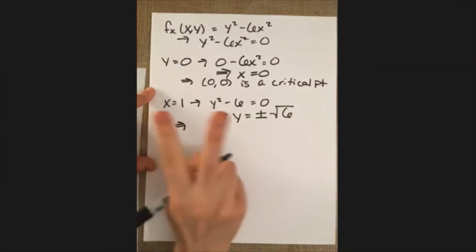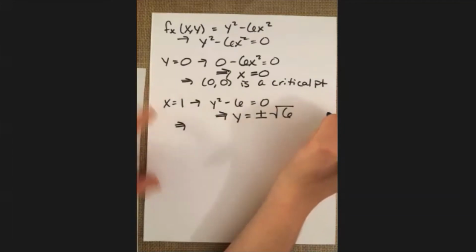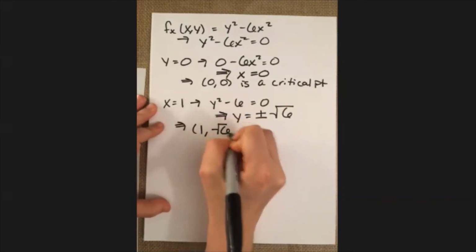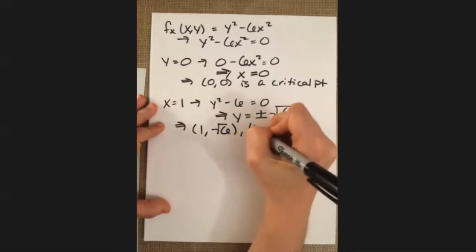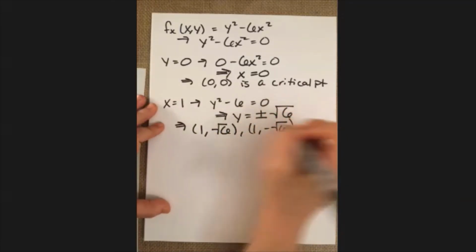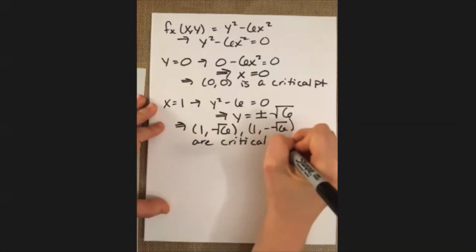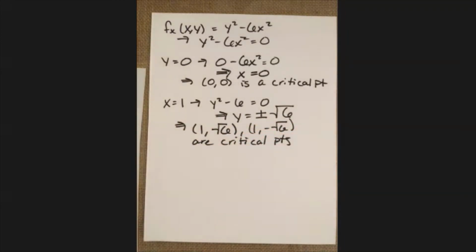This is going to give us 2 critical points, and that's going to be (1, positive root 6) and (1, negative root 6). Great. Okay, and that's pretty much all the critical points that we're going to get out of setting the gradient equal to 0 part.